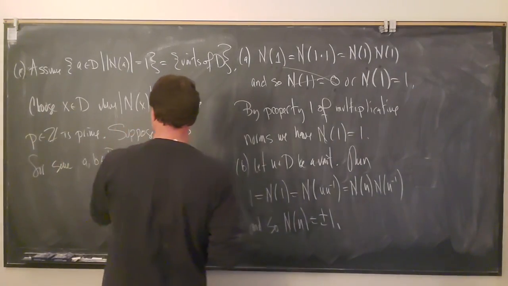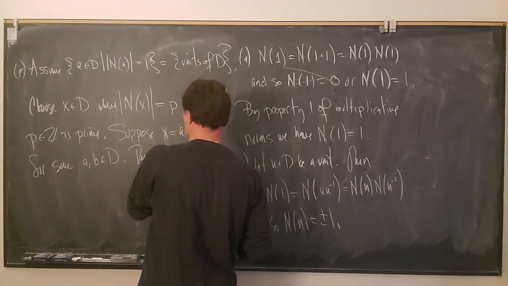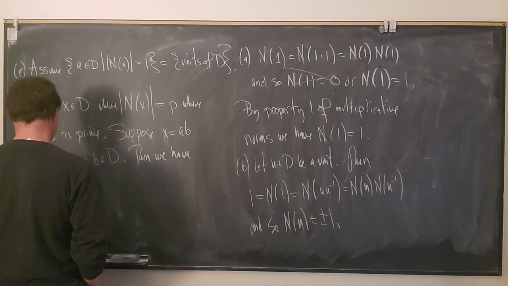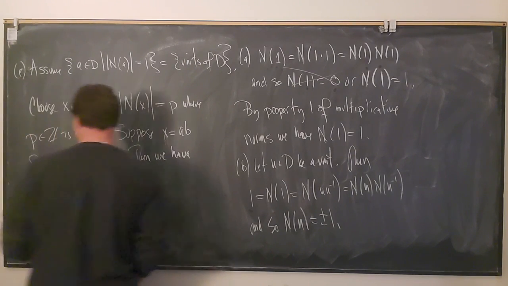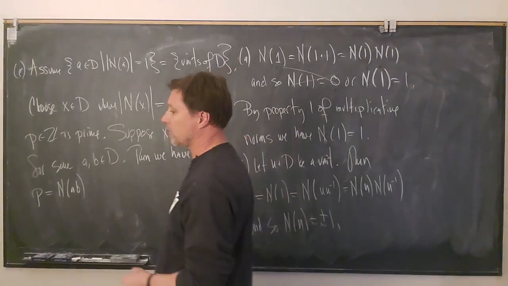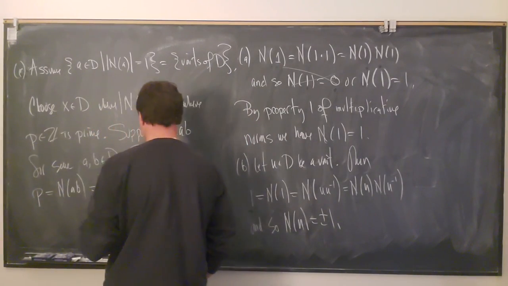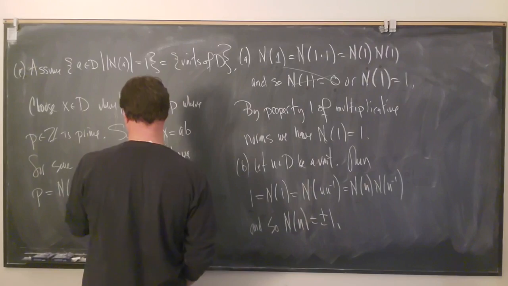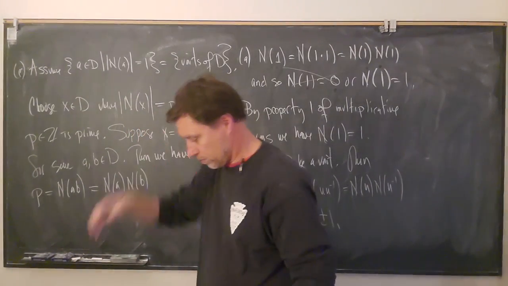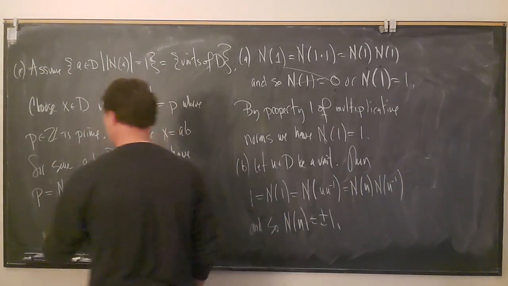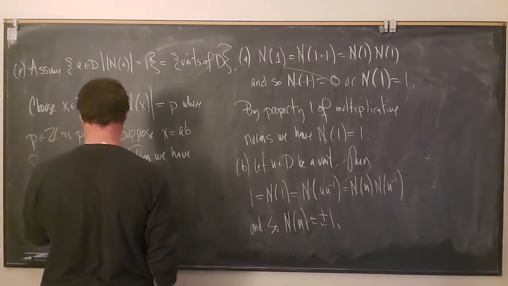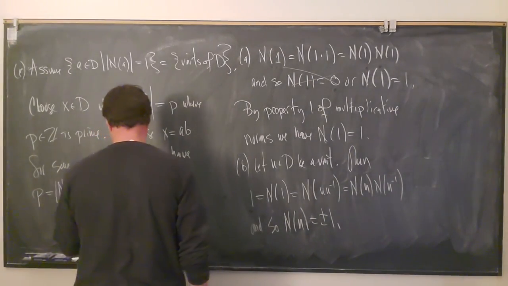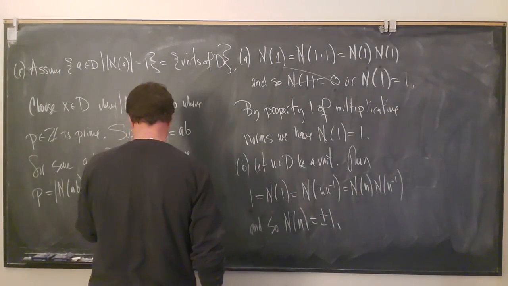Okay, so then we have that P is equal to the absolute value of the norm of A times B, because that is the norm of X, or X is A times B. So that's equal to the absolute value of the norm of A times the absolute value of the norm of B.